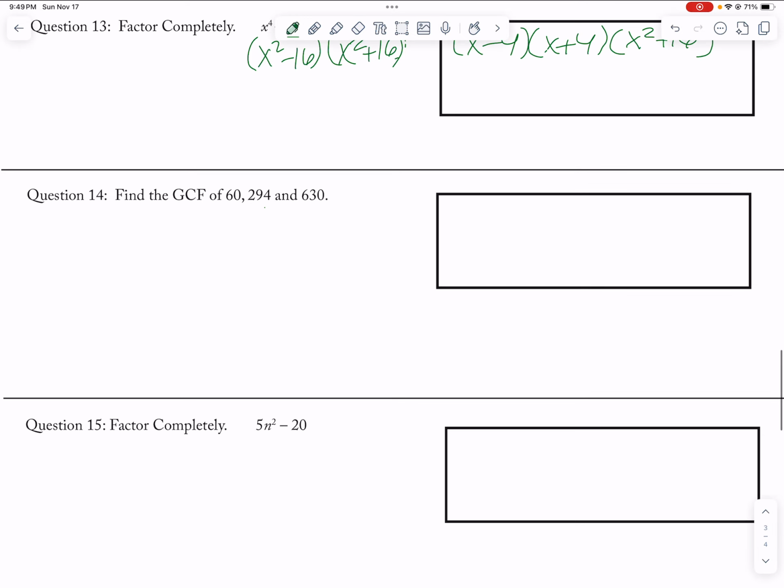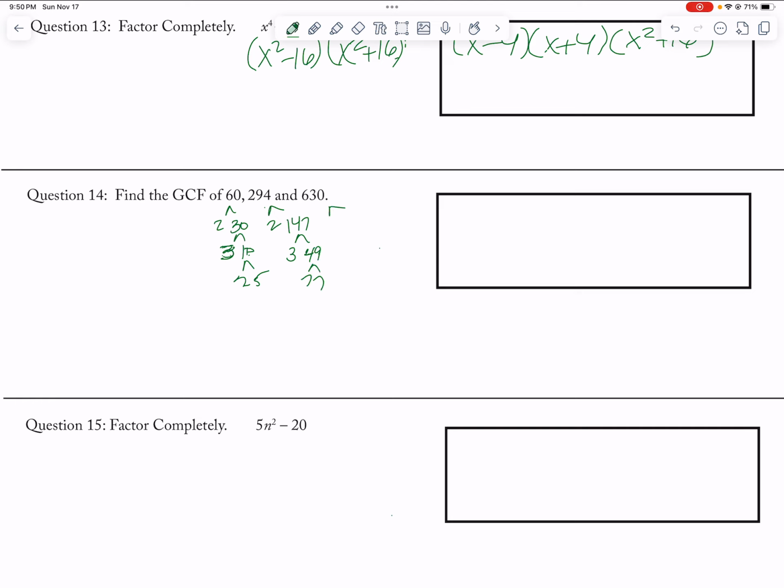Greatest common factor, so this is 2 and 30, 3 and 10, 2 and 5, 2 and 147, 5, so let's see, divisible by 3, so 3, 4, so that's 12, 27 is 9, so 7 and 7.